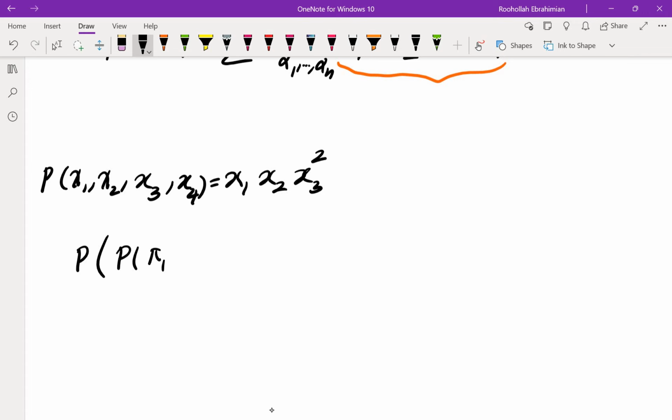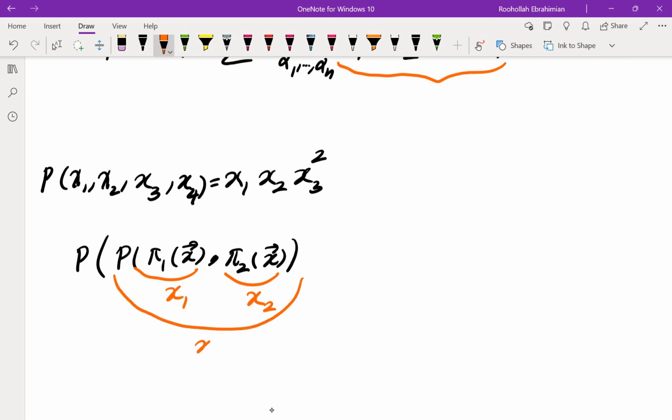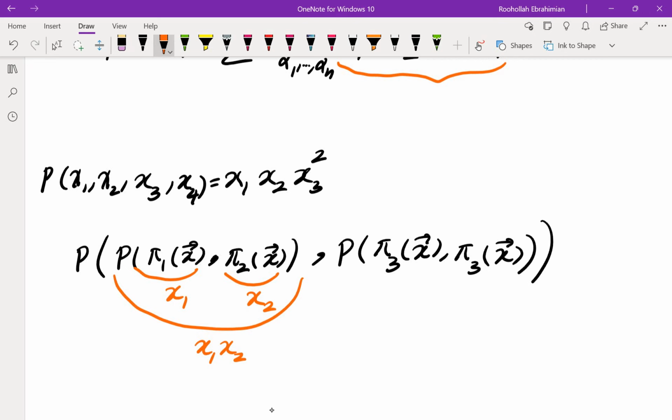So we'll have to do pi 1 of x, let me just call it x, comma, pi 2 of x. This would be x1, this would be x2, this would be x1 times x2. Then we'll have to multiply that by x3 squared. So this would be the product of x3 and x3. So this would be x3, this would be x3, and this is x3 squared.